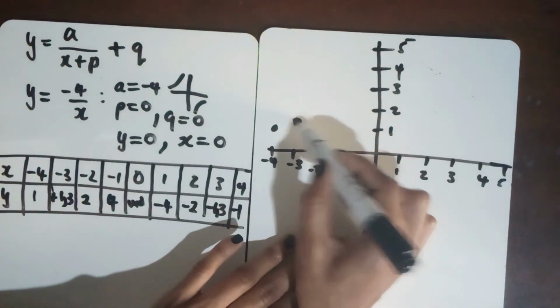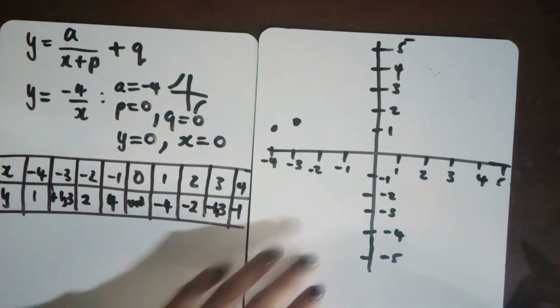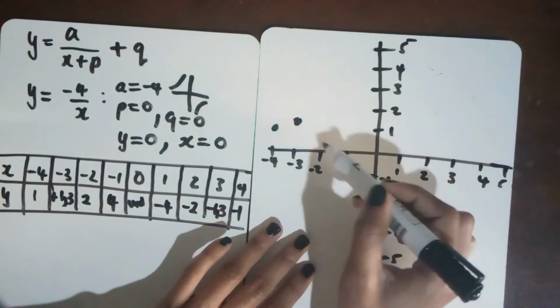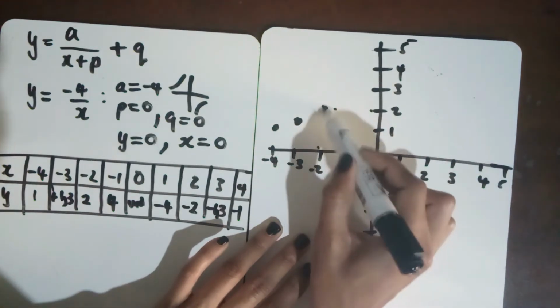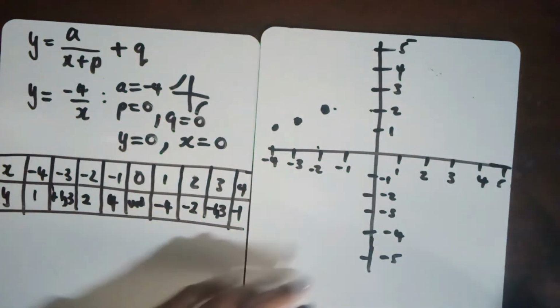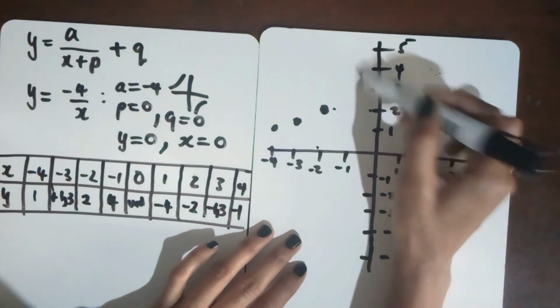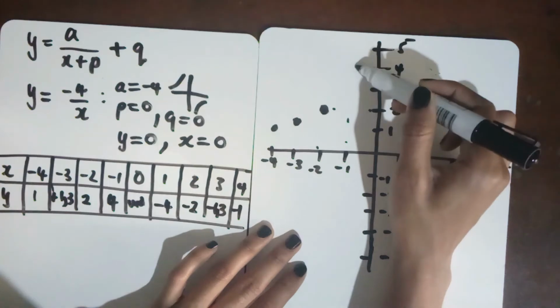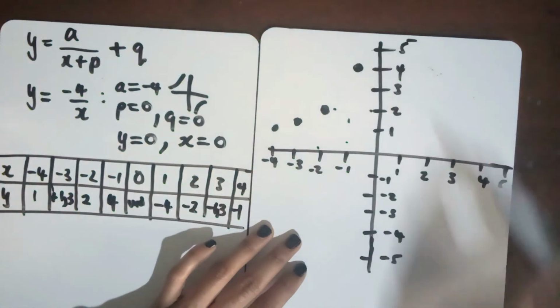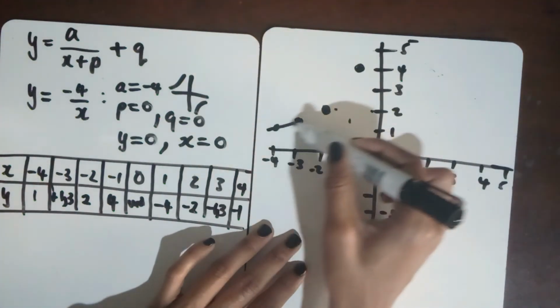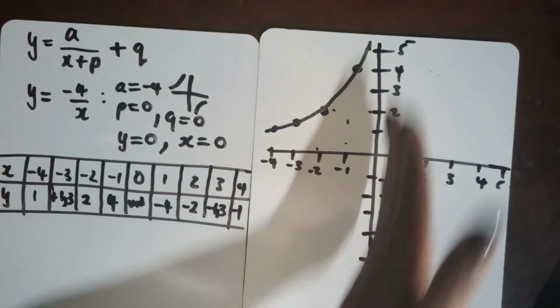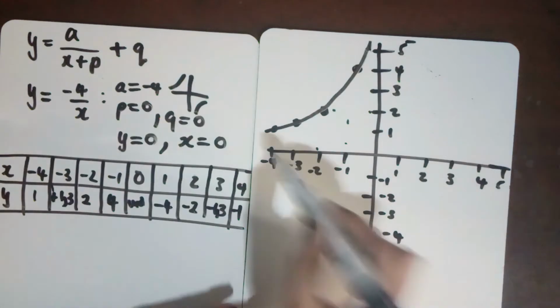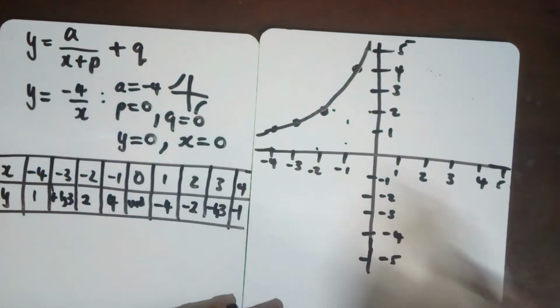And when x is -2, my value is 2 as well. So I'm still going to be somewhere there, perhaps. And when x is -1, my value is going to be 4, right? Cool. And then there's your function. It approaches the y-axis as well as the x-axis, but it never actually touches them, right?